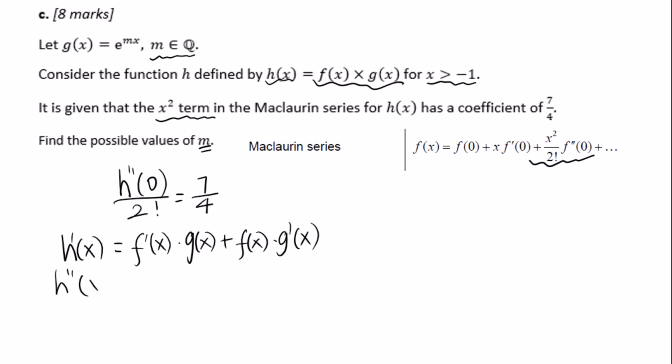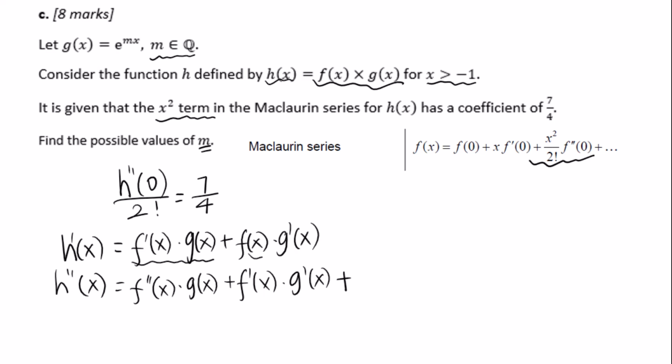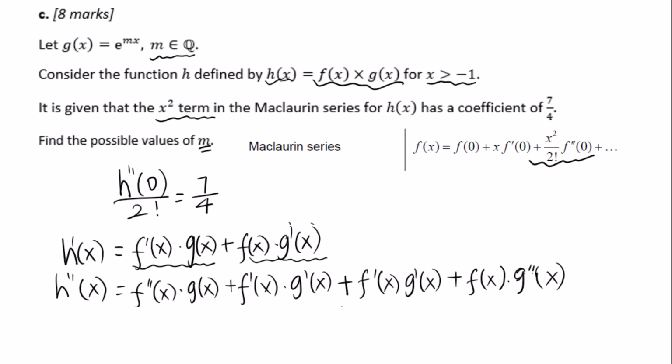h double prime of x equals, do the product rule again, f double prime of x times g of x plus f prime of x times g prime of x plus, product rule again, f prime of x g prime of x plus f of x g double prime of x.